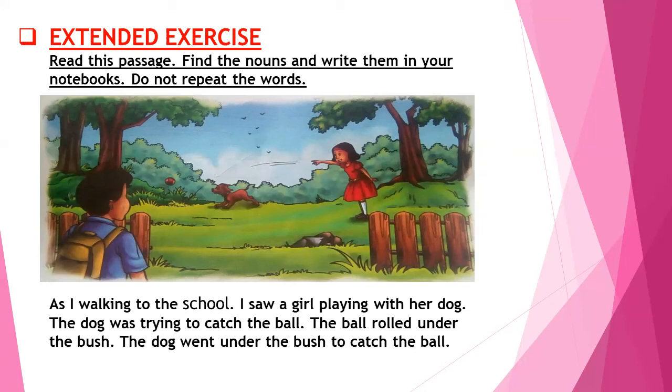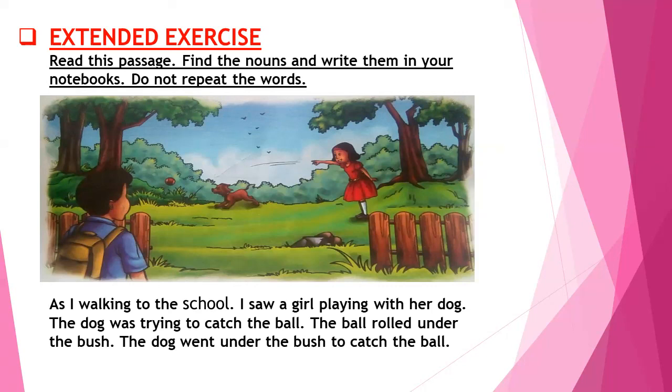Okay, read this passage. As I was walking to the school, school is a noun here. I saw a girl playing with her dog. Girl is a noun here in this passage. Playing with her dog. Dog is also a noun.